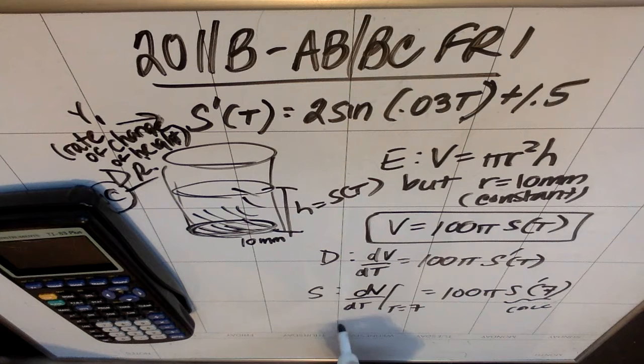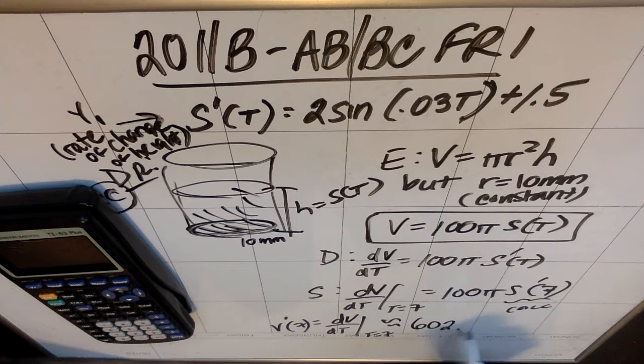So the answer is dV/dt, or the rate of change of the volume, and you could use V prime. So you could either use V prime of 7, or you could use dV/dt at t is 7, is approximately 602.218, right? And then units, it is a measurement of volume over time.